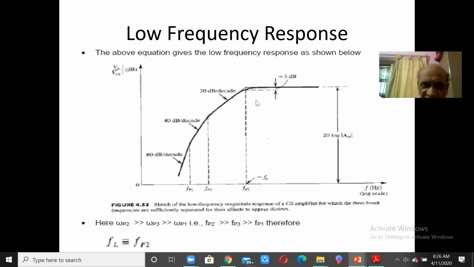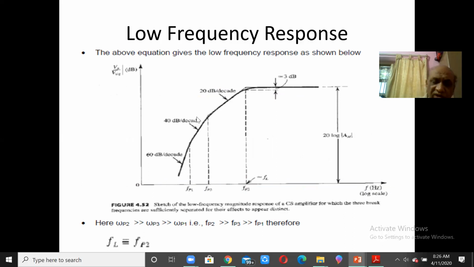This gives us the Bode plot, or the frequency response in terms of asymptotes, which we'll study in detail in control systems, which is 18EC43.